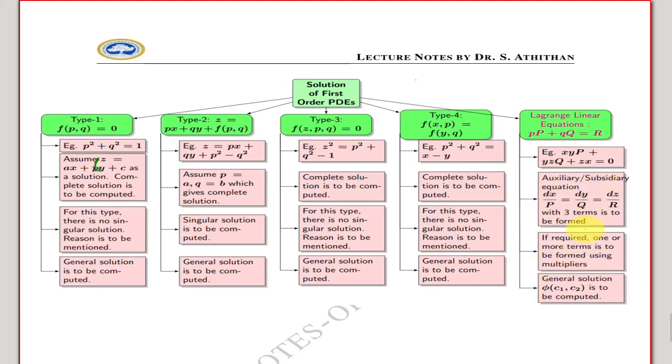Based on the multipliers, you may have two or three more terms. If you compare any two terms by integrating, you will get each of the constants. After finding those constants, you can write the general solution. I hope you all get this idea. Thank you all.